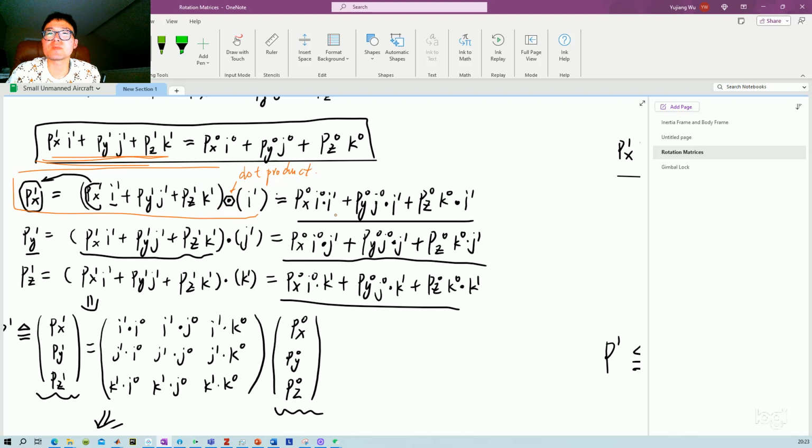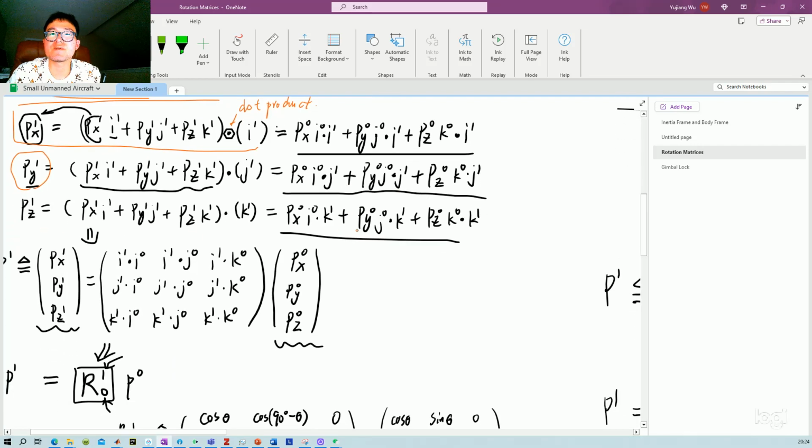And then using I1 dot product with this part, it will be equal to this one. So similarly, I could write that for the y-axis projection by dot product of the vector with G1, and similarly dot product G1 with the vector in frame 0.